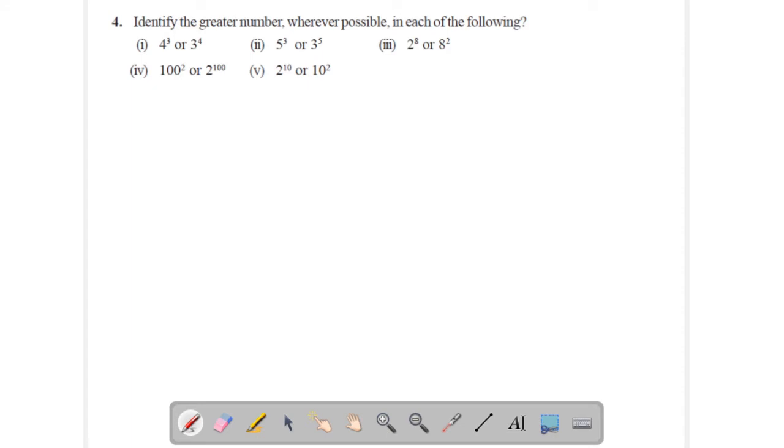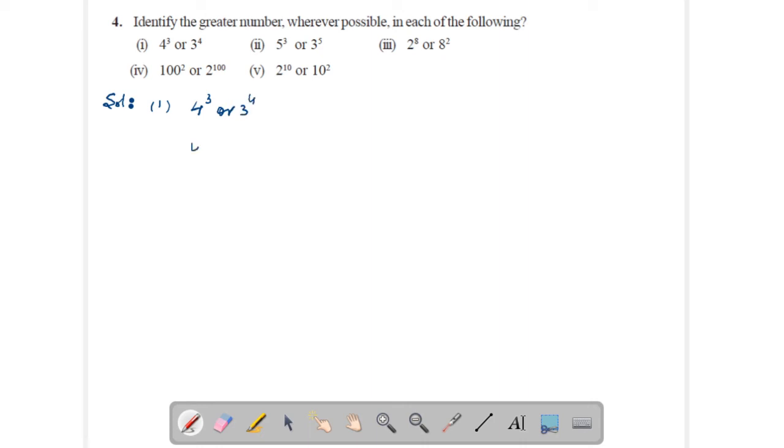Here identify the greater number wherever possible in each of the following. Say first part. It is 4 raised power 3 or 3 raised power 4.